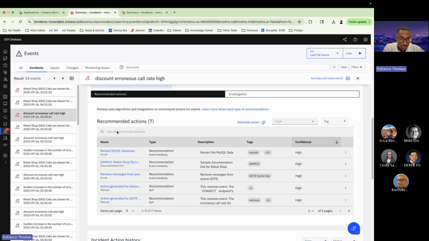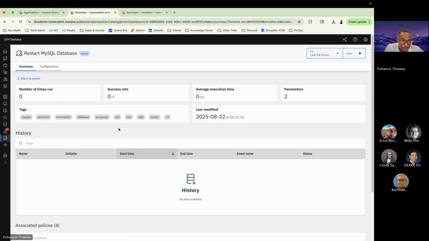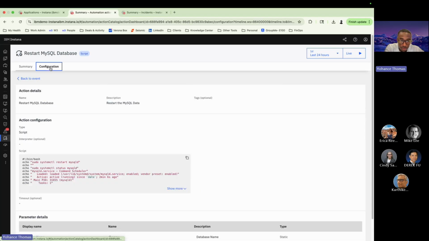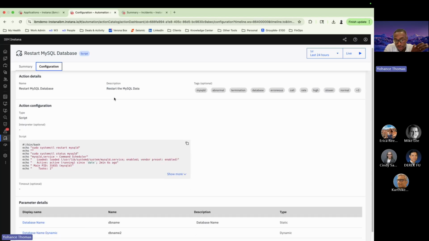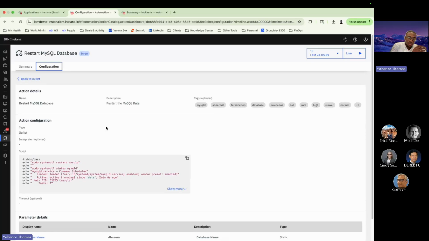In this case, we can see that Instana recommended that we restart the MySQL database. Then we're brought to that very first page, where it's done the correlation, given us a recommendation, and now we're able to execute against the script.